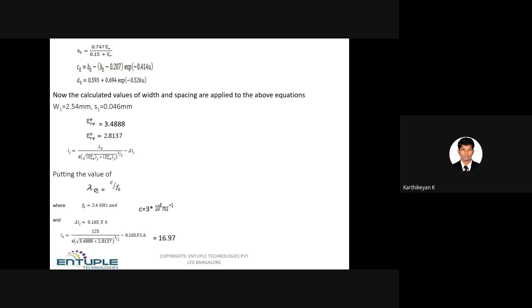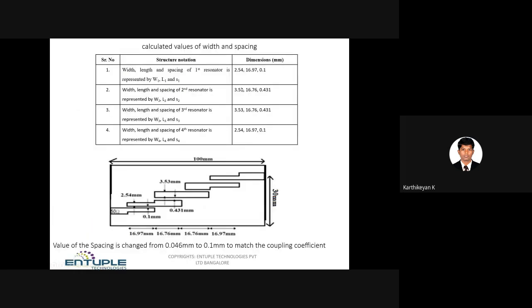Now we can enter the values here. These are all the calculated values for each resonator, 1, 2, 3, 4. And here you can see the spacing between them, and then length and thickness.